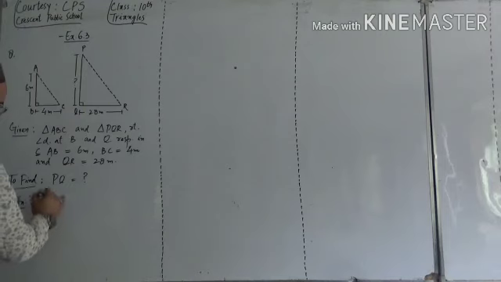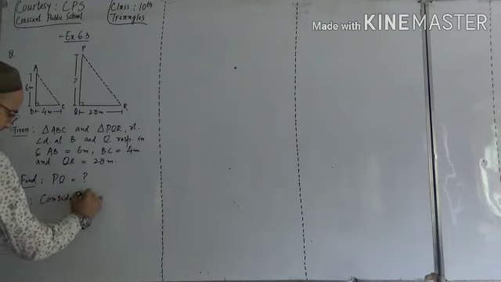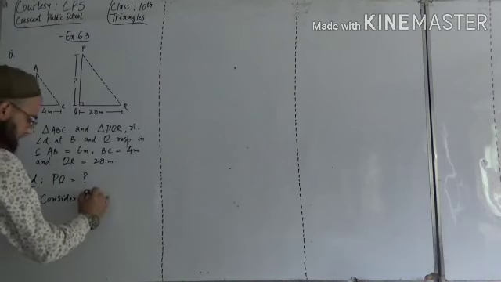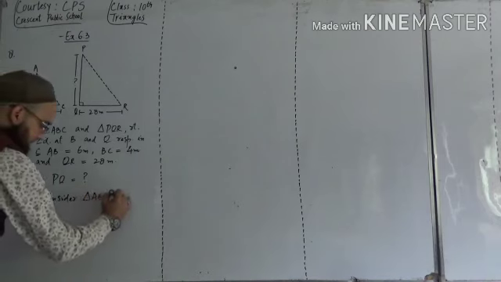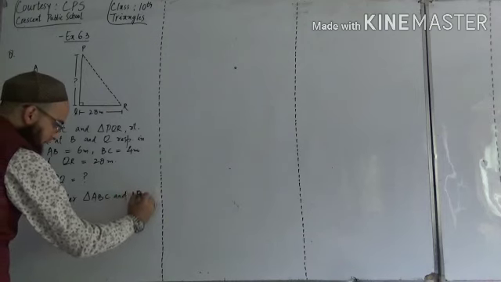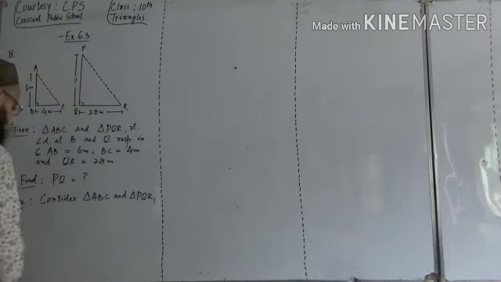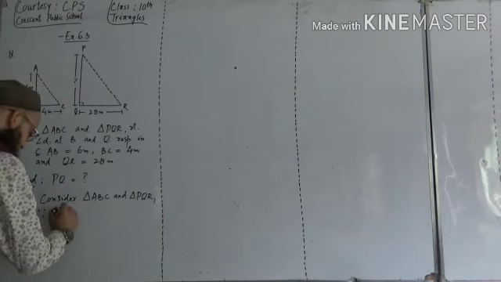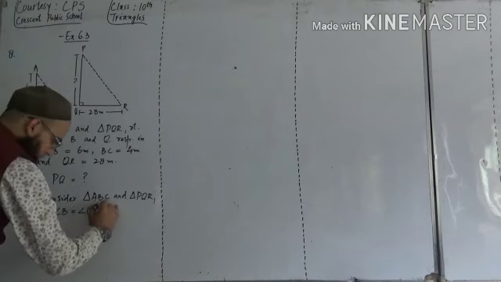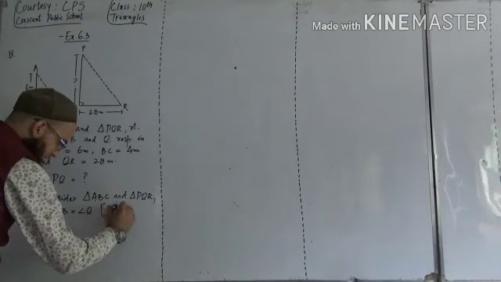Solution. Consider these two triangles ABC and triangle PQR. Since angle B is equal to angle Q, yes, each 90 degrees.